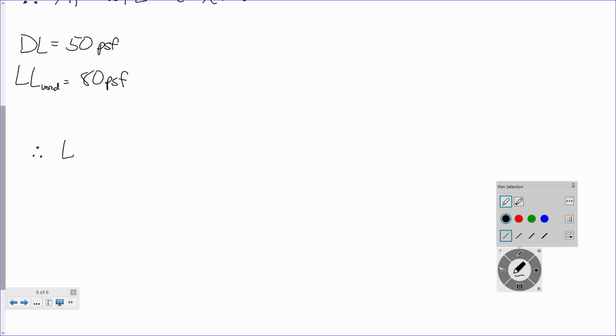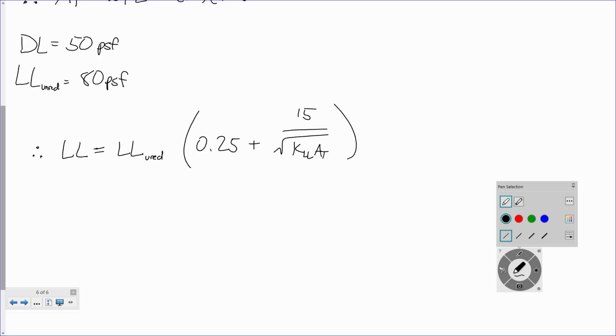Speaking of reducing live load, it would be the original live load times 0.25 plus 15 over square root of K_LL A_T. And again, this is one of those empirical relationships. You cannot derive this. It just fits the test data, fits the observations.